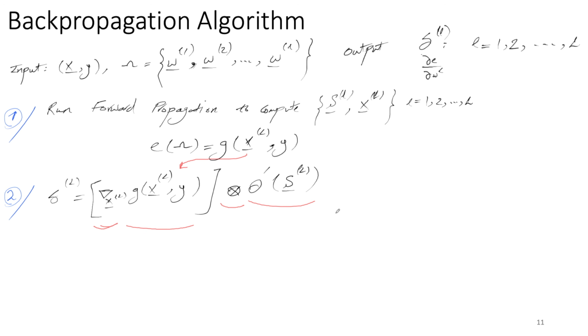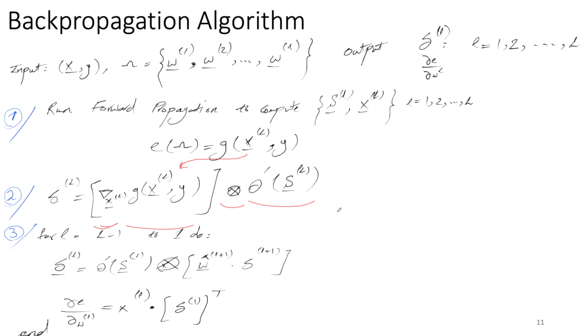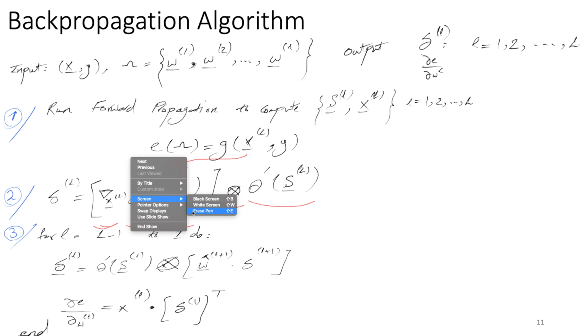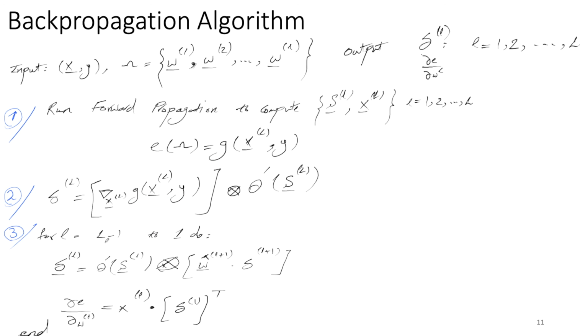And then we have to backprop these towards other layers. That's why we enter a loop here for L from L minus 1 to 1, so the penultimate layer, because we already computed the last layer here. To the first layer, we do this.